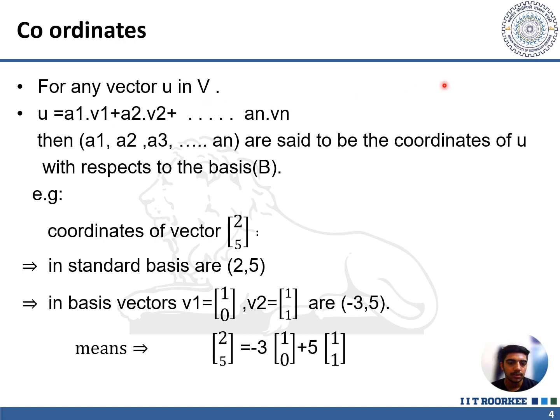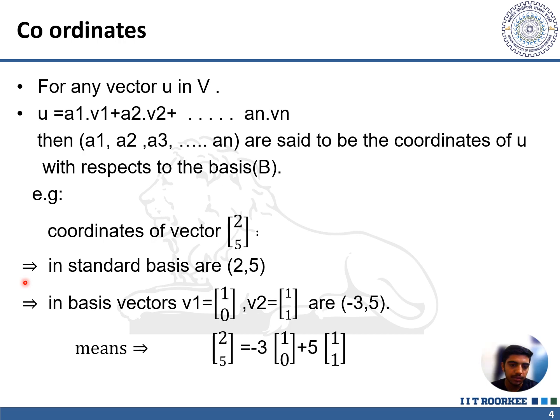So for example, we are interested in finding the coordinates of the vector (2, 5). If we take the standard basis, what will be these coefficients?